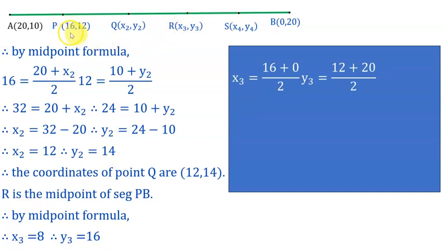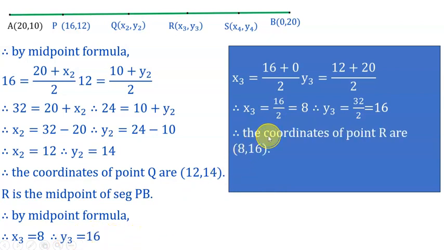Here 16 plus 0 upon 2 and y3, that is the y coordinate of point R, y3 is equal to 12 plus 20 upon 2. Then finally you will get here x3 is equal to 8 and y3 is equal to 16. That is what we have written down here. Therefore the coordinates of point R are 8, 16.